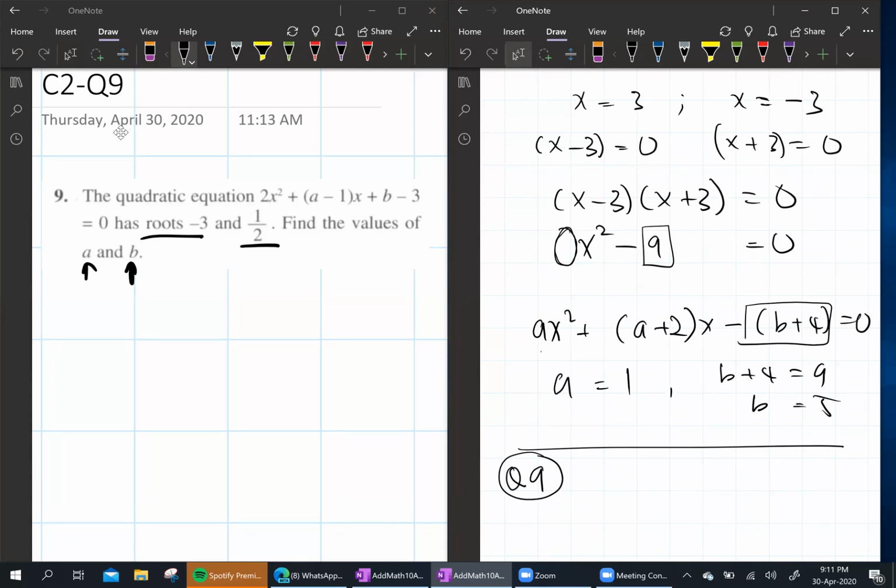My answer for A is 5 and B is 0. Recheck again.